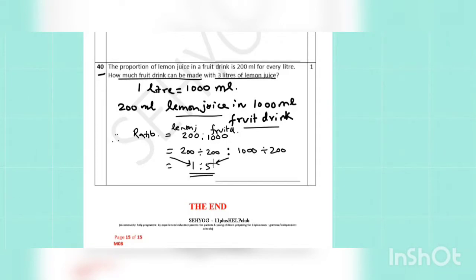And again, if 3 liters of lemon juice is there, then it can form 5 times 3 liters of the fruit drink. So that means with 3 liters of lemon juice we can form 15 liters of the fruit drink. So our answer is 15 liters.